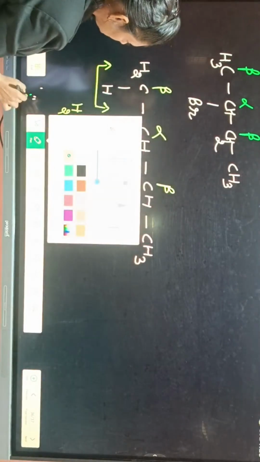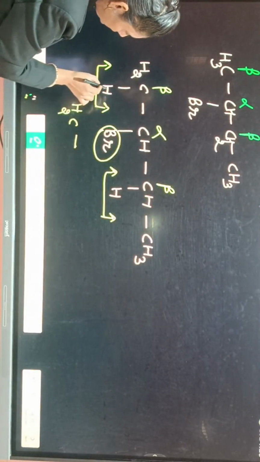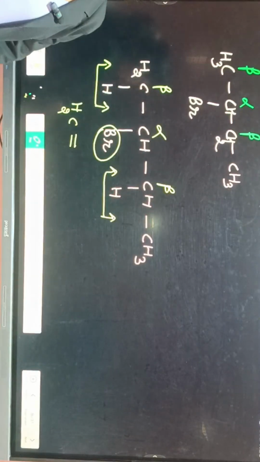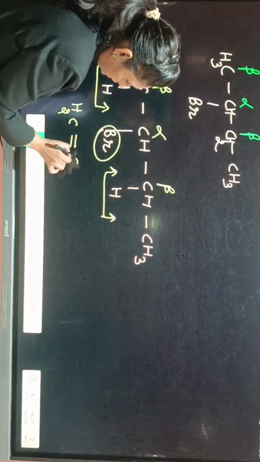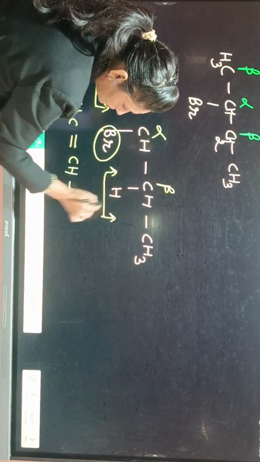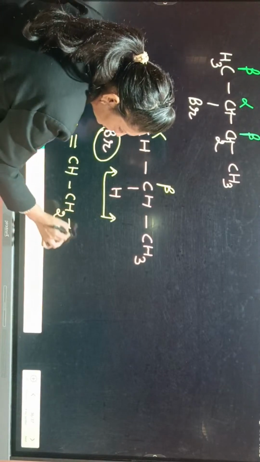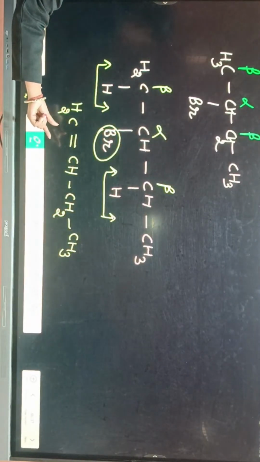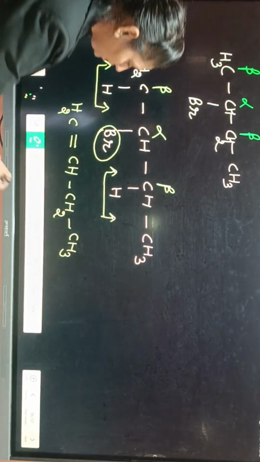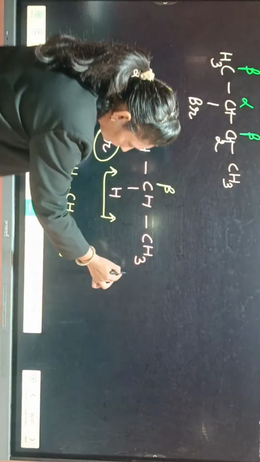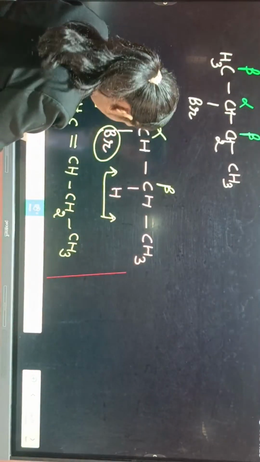If you are breaking this bond and this one, you will put a double bond here. Yes. Clear? CH, then you will write this one as it is, CH2 and CH3. One product may be this one. Yes. And the second possibility is this.